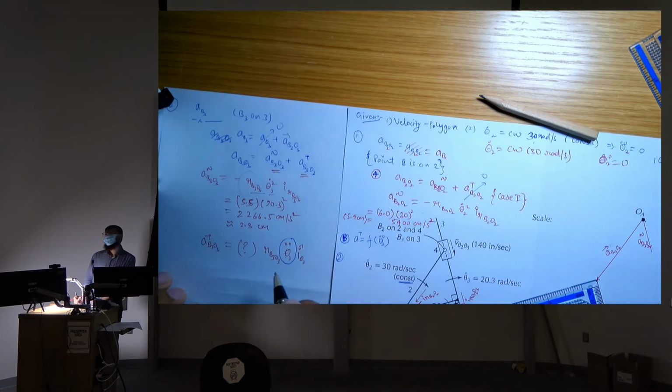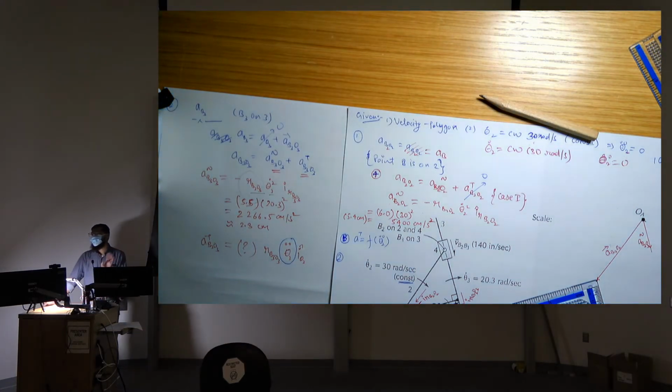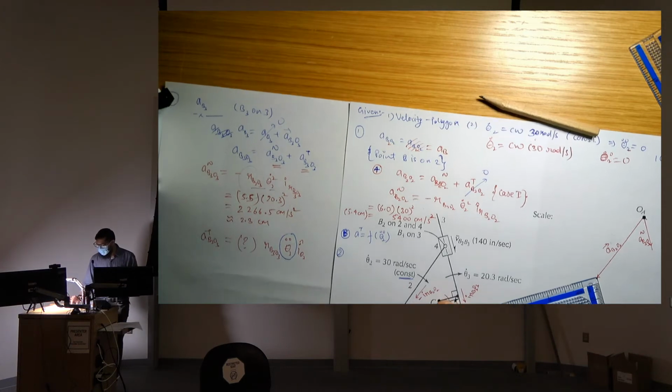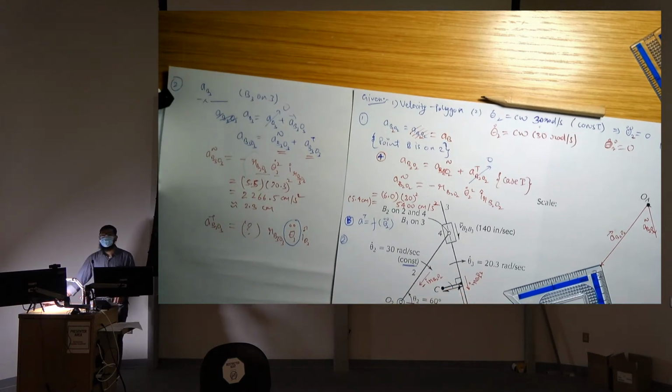Since the input theta double dot 2 is 0, is this one also going to be 0? Because the input is a constant velocity, is this also a constant velocity and this number 0? I heard a little whispering and that was correct.